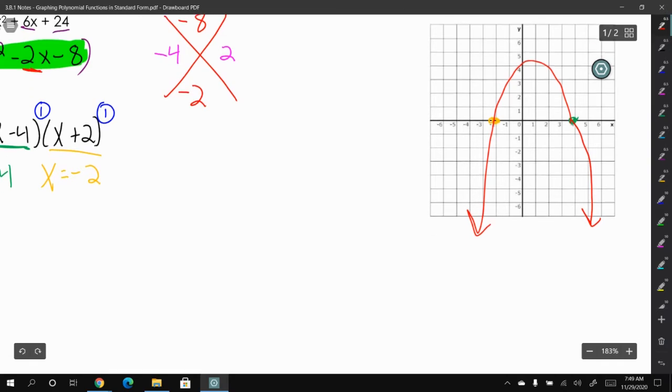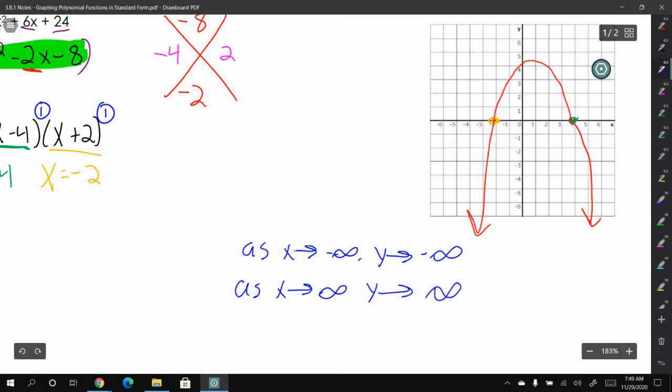We're just trying to get a general idea of what this will look like. So then our end behavior: as x approaches -infinity, y approaches -infinity, and as x approaches +infinity, y approaches -infinity as well, because both ends are going down.